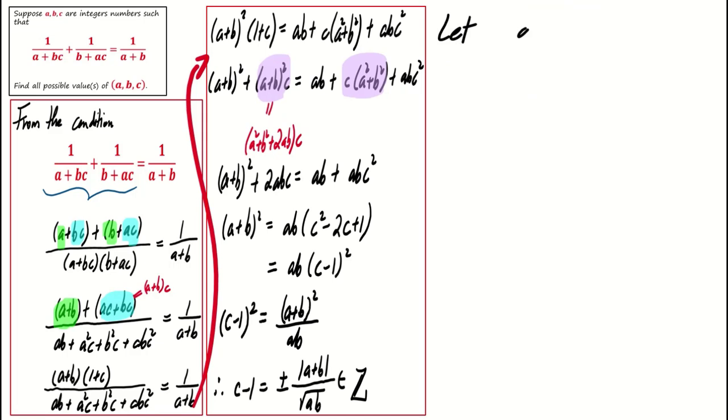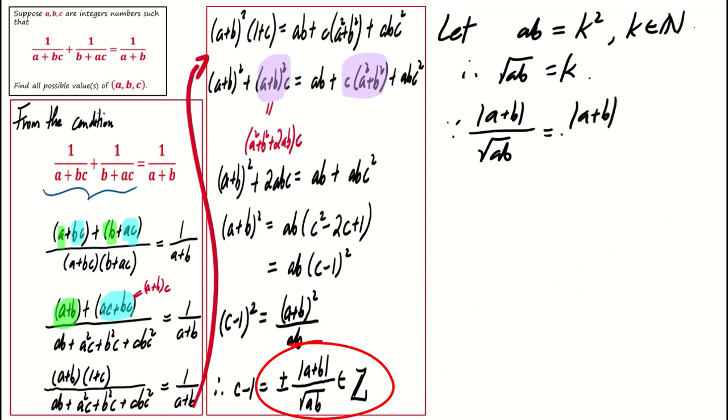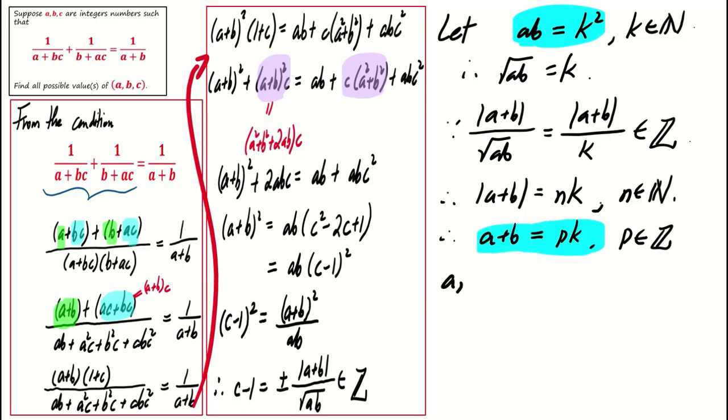With this in mind, we may let ab equals k squared for some positive integer k. So the square root of ab is k. Since this expression is an integer, it means that the absolute value of a plus b is pk for some positive integer p. Now focus on these two relations, the sum and the product of a and b.